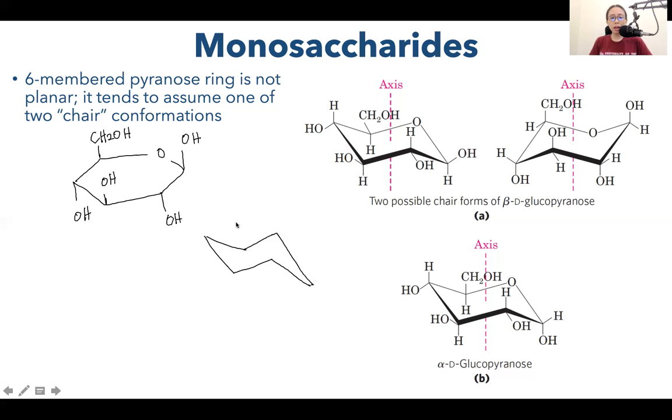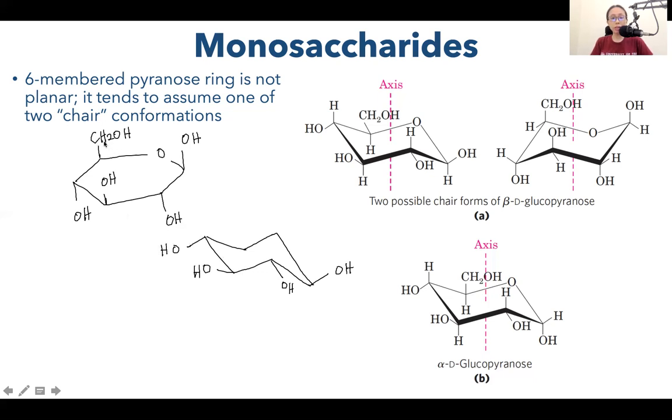Now, for carbon 1, the OH is pointing up, so this should be parallel to this bond. So we have OH here. For carbon 2, the OH is pointing down, so it should be parallel to this one. For carbon 3, it's pointing up, so it should be parallel to this bond. For carbon 4, it's pointing down, so it should be parallel to this bond.